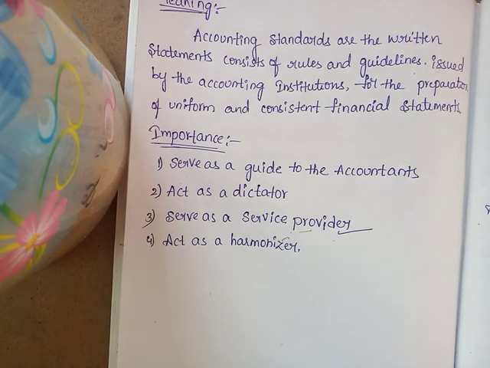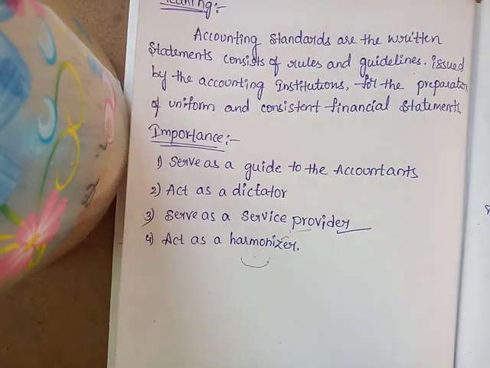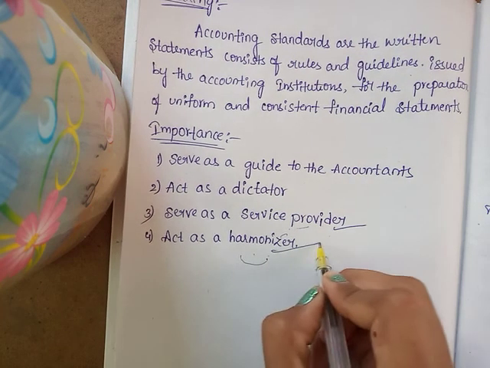On many occasions these accounting standards develop and provide solutions to specific accounting issues. So it is clear that whenever there is any conflict on accounting issues, at that time accounting standards act as a harmonizer and facilitate solutions for the accounting.